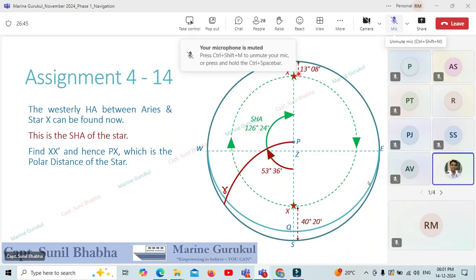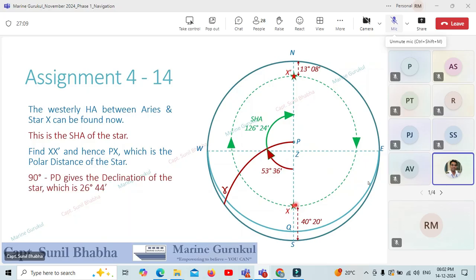Now if I subtract 1308 nx dash and sx 4020 from 180, I can get the diameter of this particular circle. So 180 minus 13 degree 08 minutes minus 40 degree 20 minutes gives me the diameter of this circle, which is xx dash.